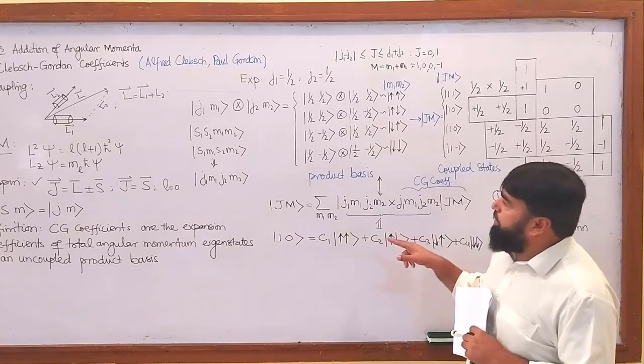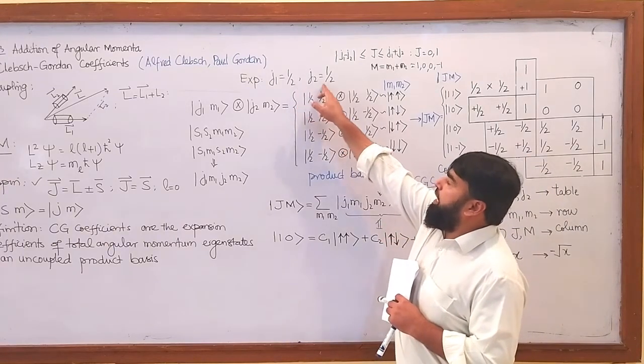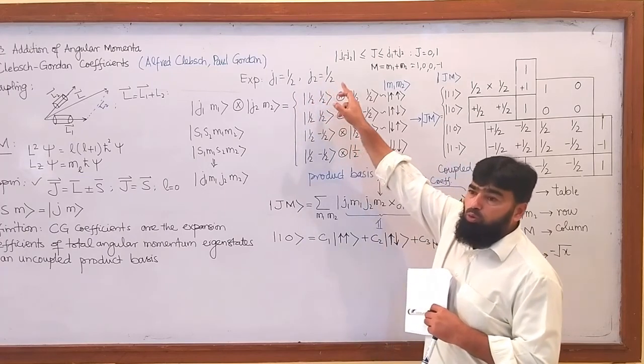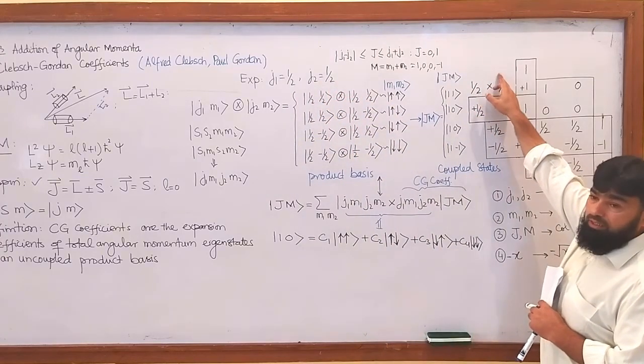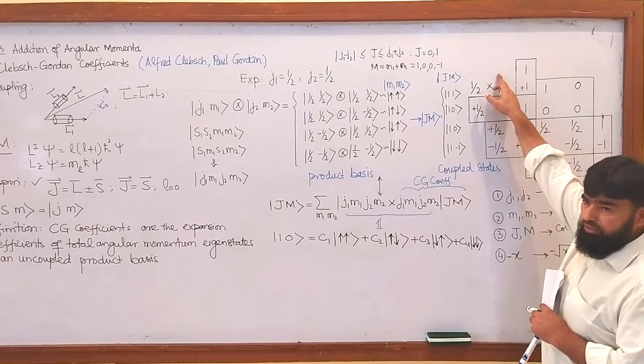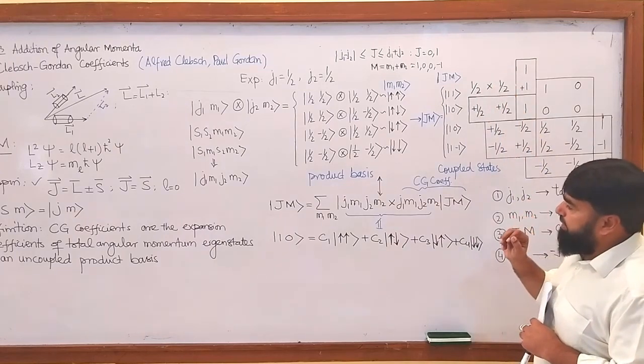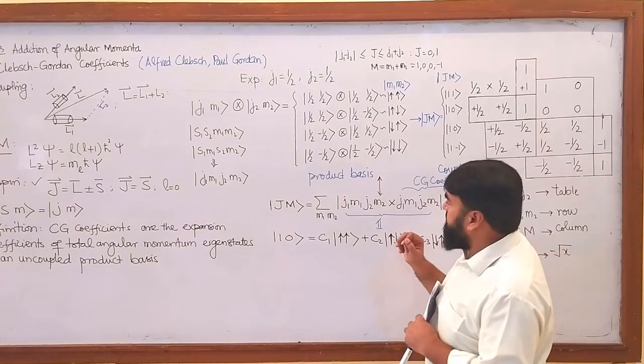J1 and J2 in this example are 1/2, 1/2, so we go to the table 1/2 cross 1/2.